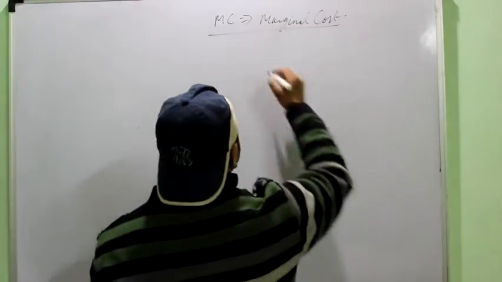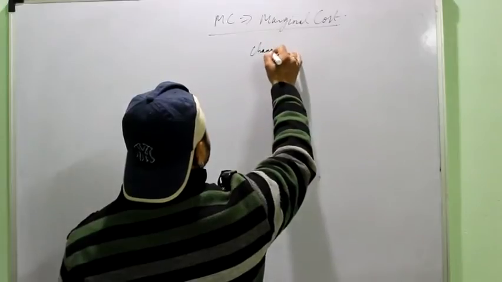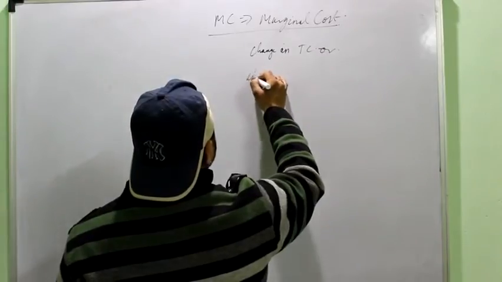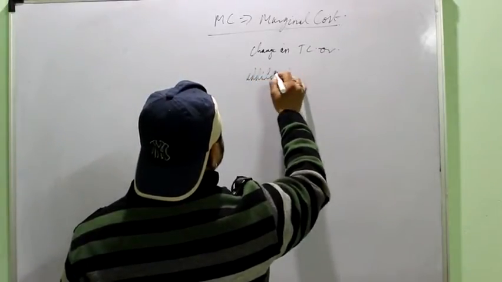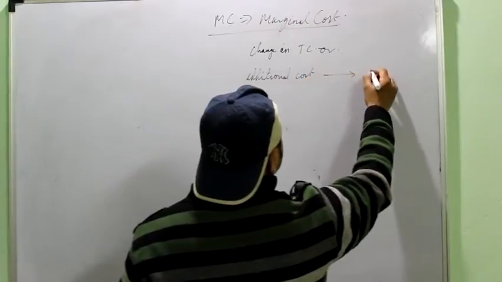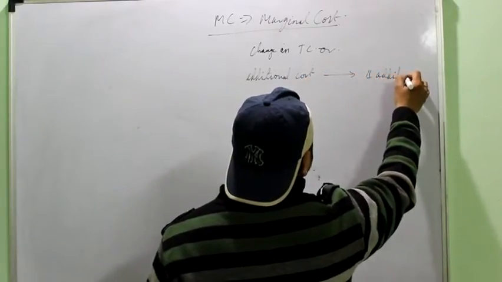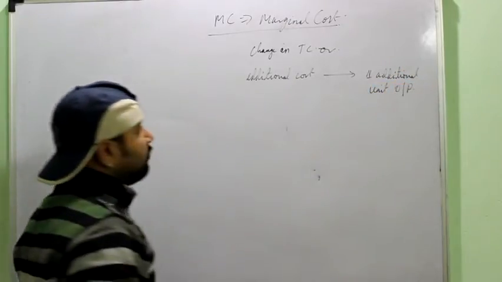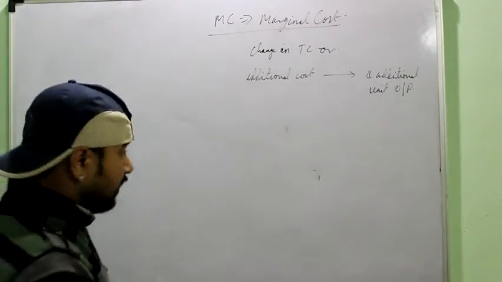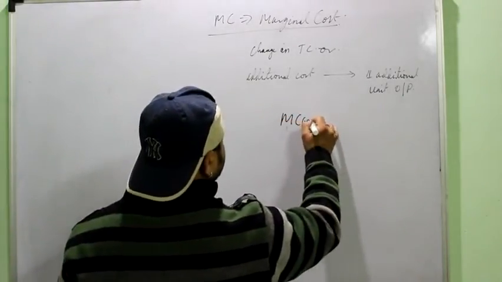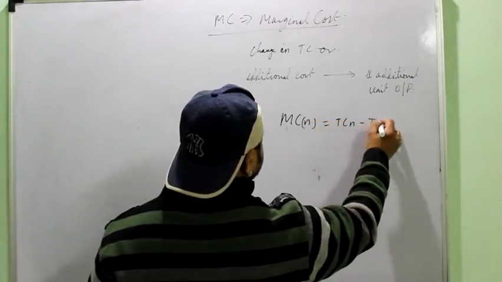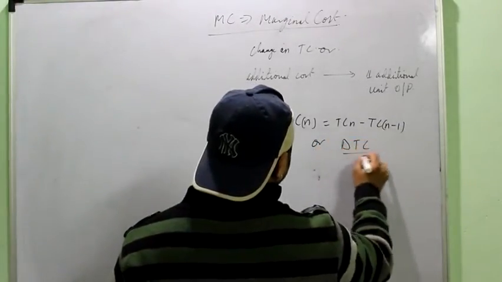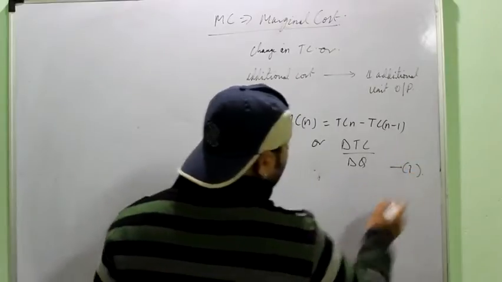So marginal cost is the change in the total cost, or you can say it is the additional cost incurred on producing one additional unit of output, right? And it is equal to TC at n minus TC at n minus 1, right? Or you can say change in TC upon change in output when output is changed by 1 unit.